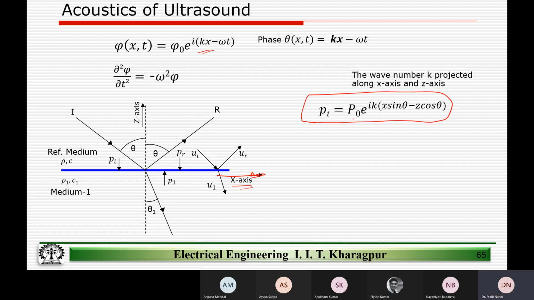Phi is equal to P0 times e to the power i of whatever. This is the complex form of the equation. It's the same x coordinate replaced in a new reference frame, okay?